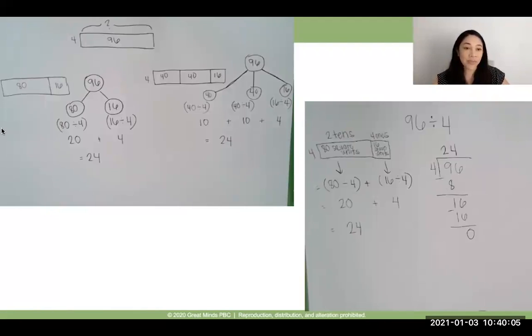We solved 96 divided by 4 in 2 different ways using the area model. First, we started with the whole rectangle, and then we partitioned it. The second way was to go from one place value at a time and make the whole rectangle from parts.